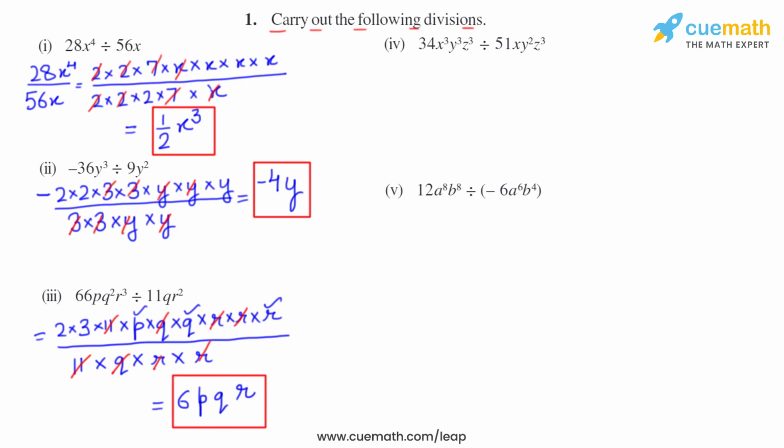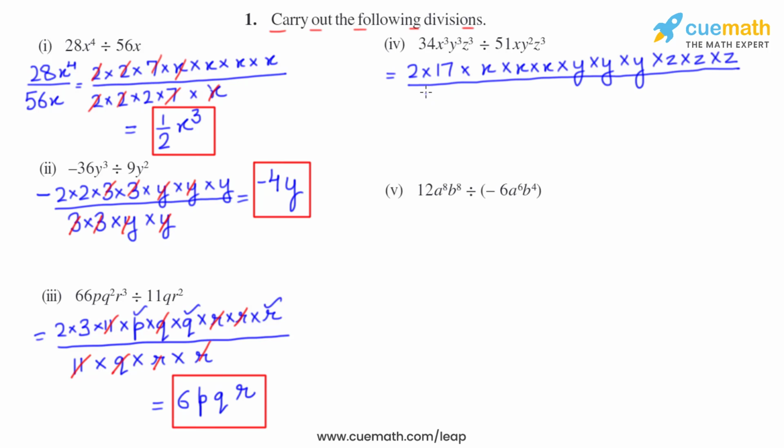Let's do the next, fourth part now. 34 x cube y cube z cube. It means prime factorization for 34 is 2 into 17, and x cube is x into x into x, y cube is y into y into y, and then z into z into z, divided by 51, which is 3 into 17.